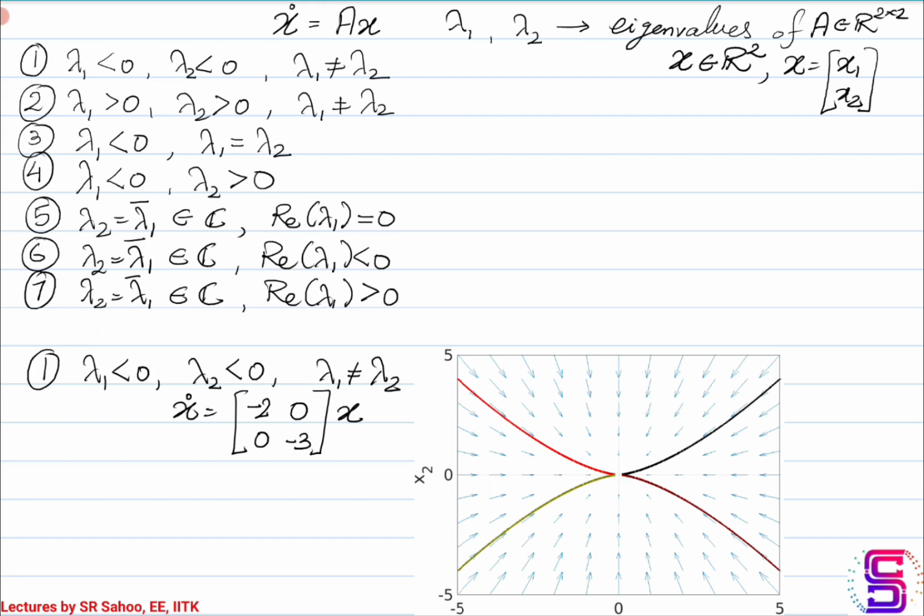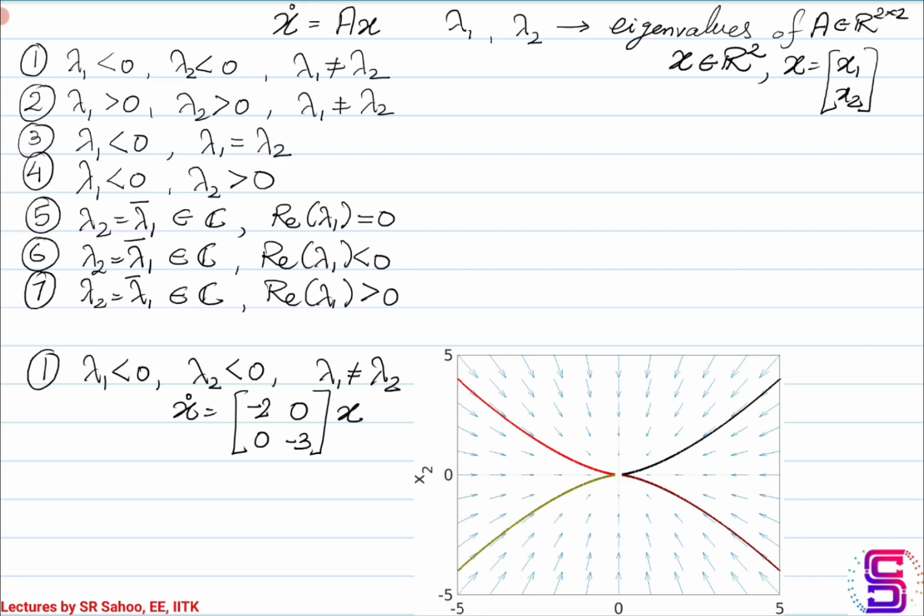The first case is when both eigenvalues are complex and the real part is 0. The next is when the eigenvalues are complex and the real part is negative. The last case we will explore is when the eigenvalues are complex and the real part is positive.